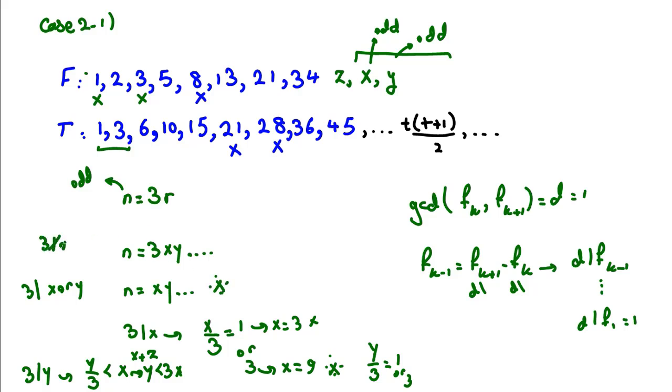In this case, 3 doesn't divide x and y. So n is 3xy times something. Now, because of this, we know that we also have 3x and 3y. So we should see 3x and 3y. Let's focus on 3x. We have x, we have y. y is greater than x.